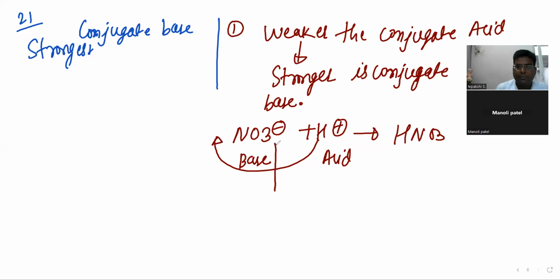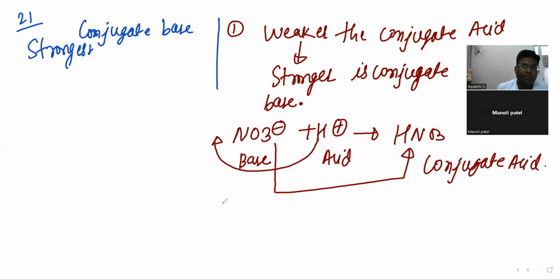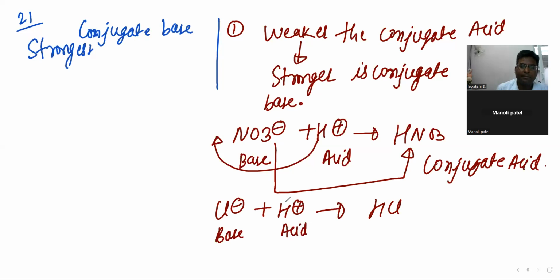So the base is now forming the conjugate acid. Now see the next part, that is Cl minus. When it reacts with H plus, it forms HCl, right? So again Cl minus is a base, and H is attached to this one. So this is your conjugate acid, right?